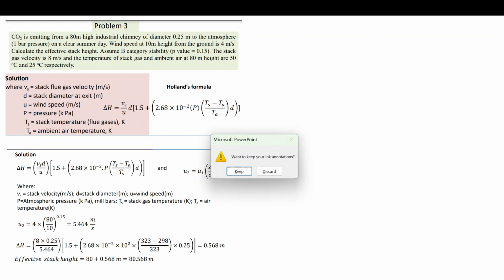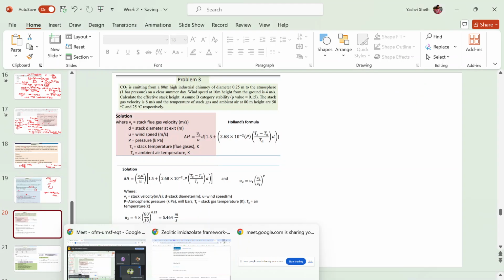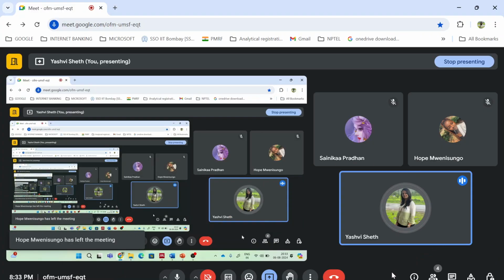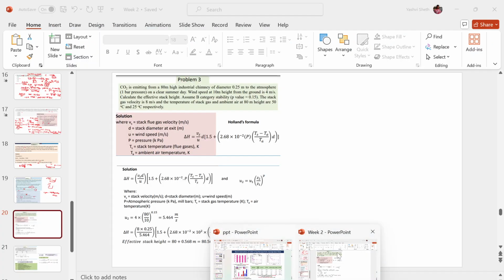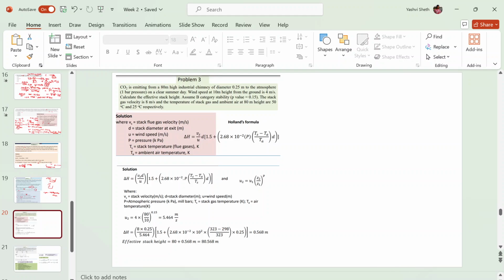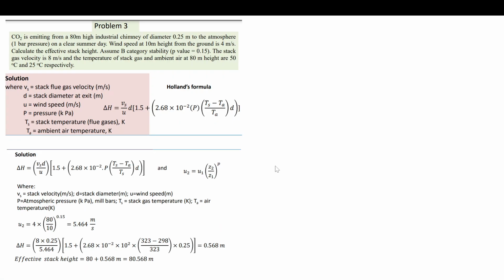So you can just change the height in that question, and there will be just a difference in the final effective stack height. So just wind velocity will be affected. Rest all the values are the same. So you can just do that substitution and calculate. I'm skipping this question.